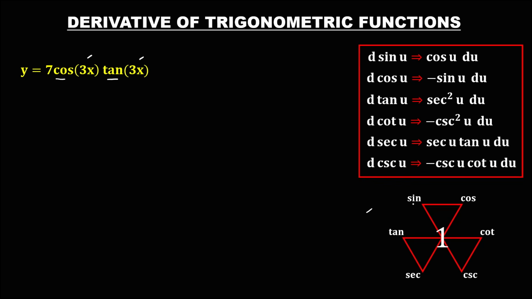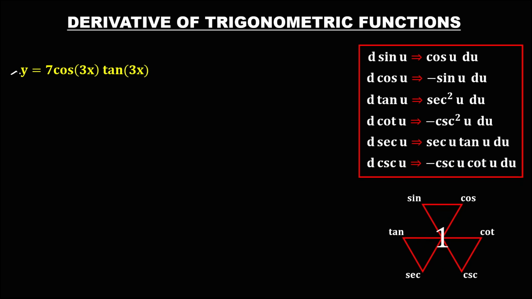So sine times secant is equal to tangent. Cosine times cosecant is equal to cotangent. Tangent times cosecant is equal to secant.